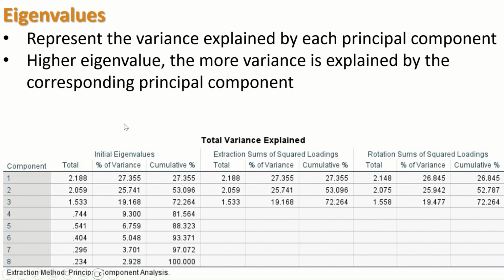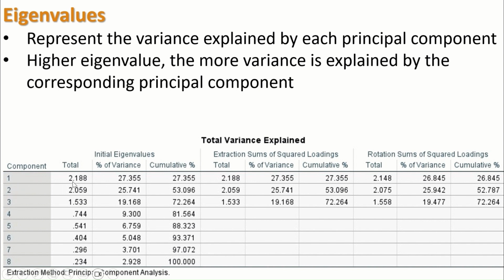Here is a table extracted from a PCA analysis, showing the total variance explained. There are 8 items, and as shown in the extraction method, principal component analysis, those items have been grouped into 3 major components: component 1, 2, and 3.